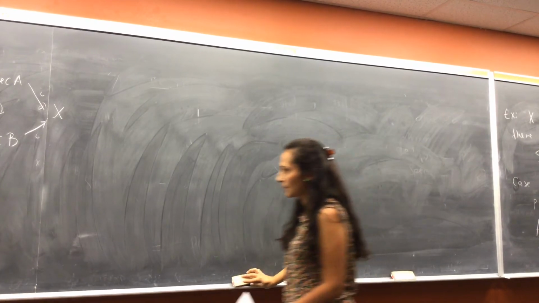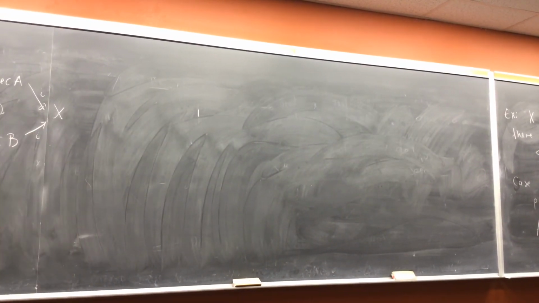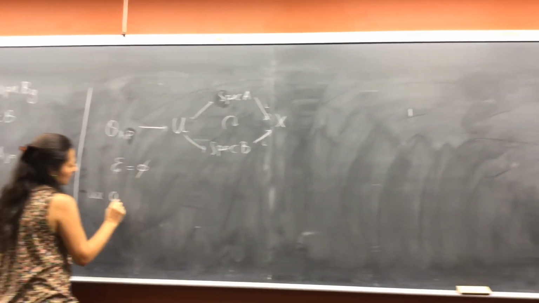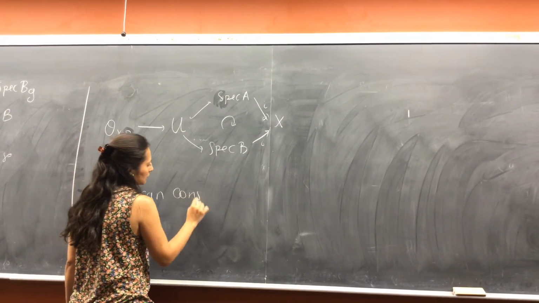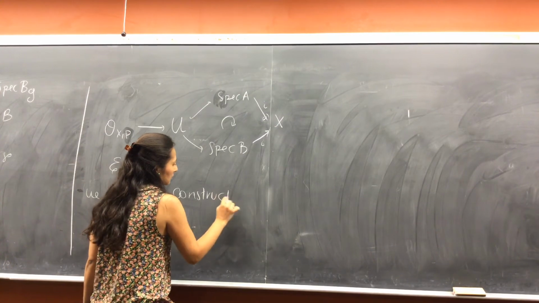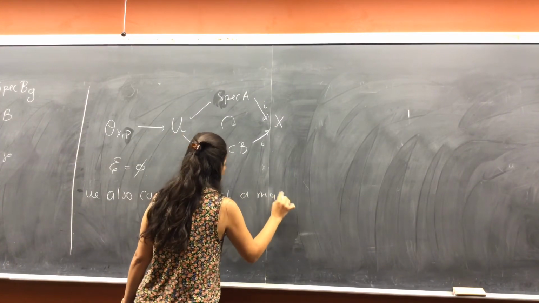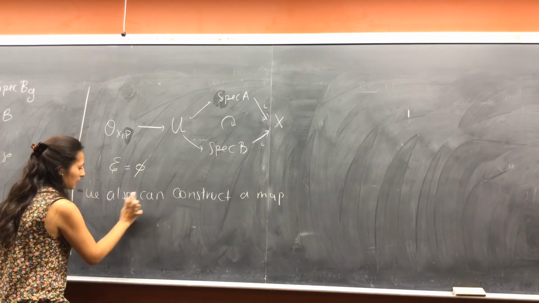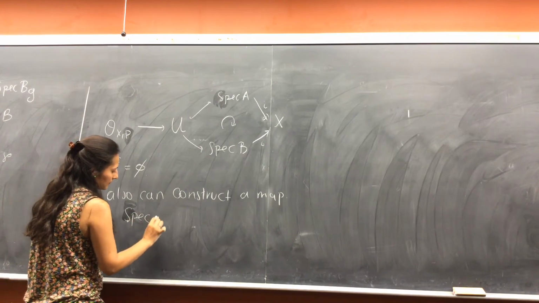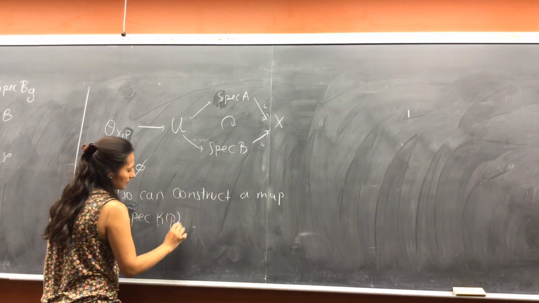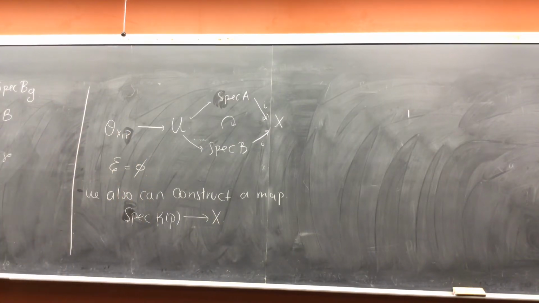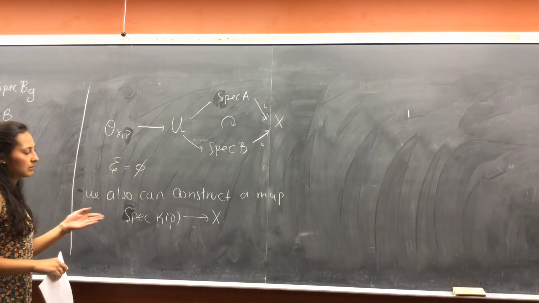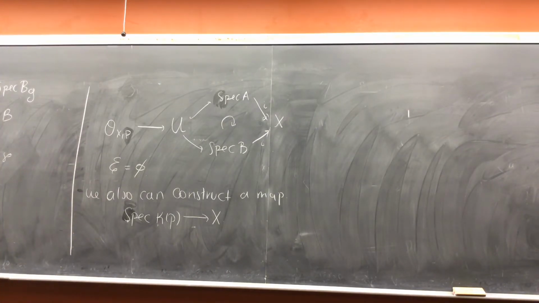Okay. From this map, we can also construct a structure map from spec K_P into X in a very similar way, looking at rings, well, fields in this case, and seeing the map you get there.